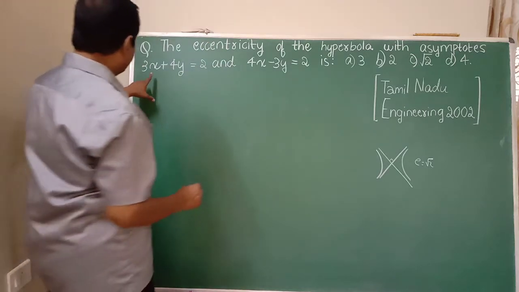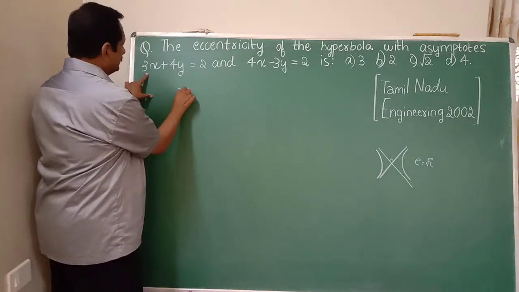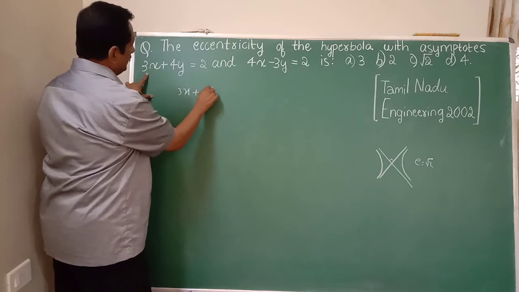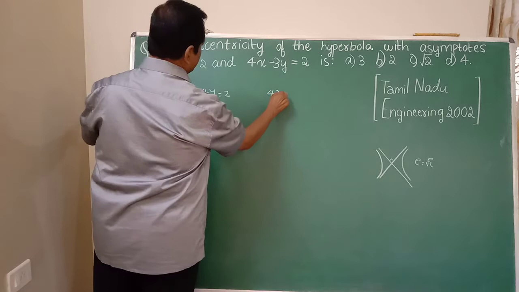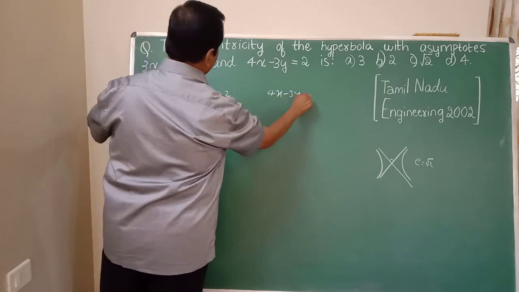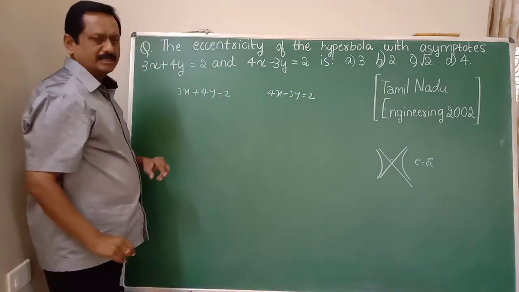Therefore, in this case, 3x + 4y = 2 and 4x - 3y = 2 are the equations of the asymptotes.